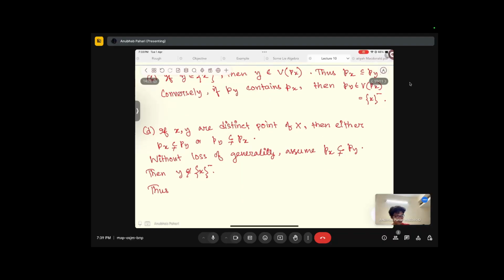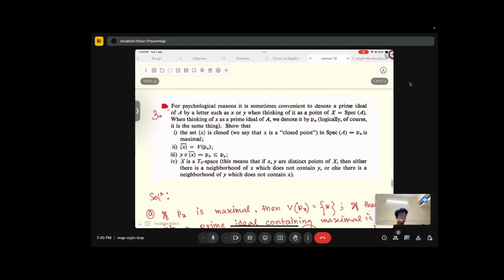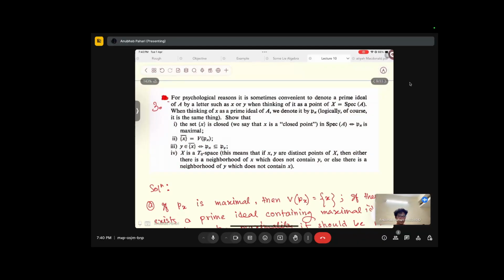Thus X minus x bar is an open set containing y but not x.